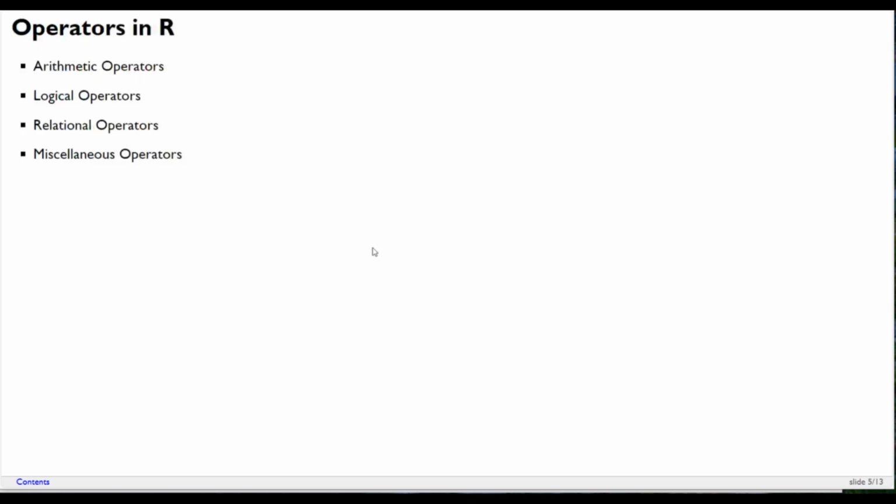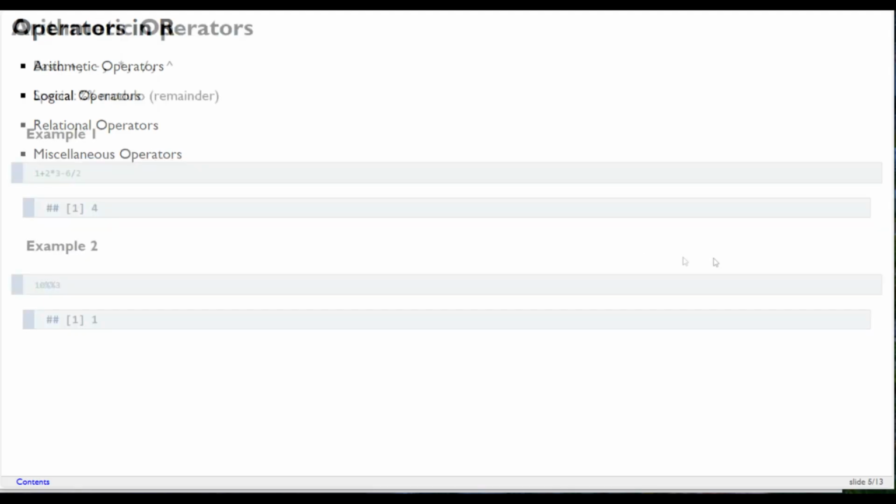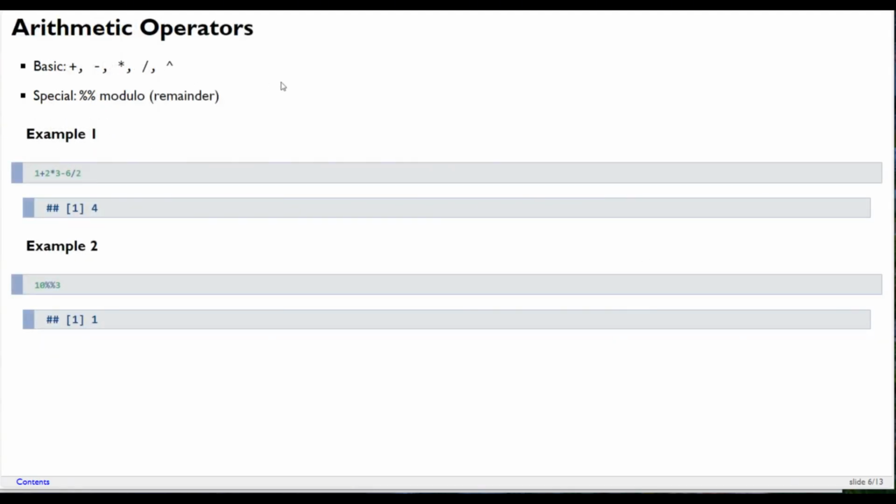Now let's talk about operators in R. So there are basically four types of operators: arithmetic, logical, relational, and some other operators. First, arithmetic operators, basic ones: plus, minus, multiplication, division, and power.